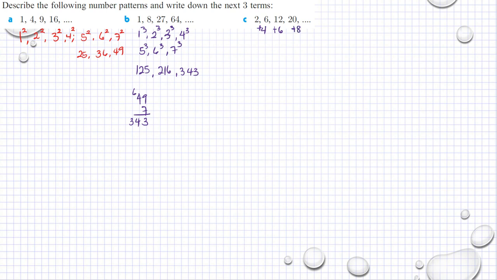That means our next term will be added by 10, and then after that we have 12, and then after that we have 14. So if we have 20 plus 10, we have 30. And then 30 plus 12, we have 42. And then 42 plus 14, we have 56. So those are the 3 terms.